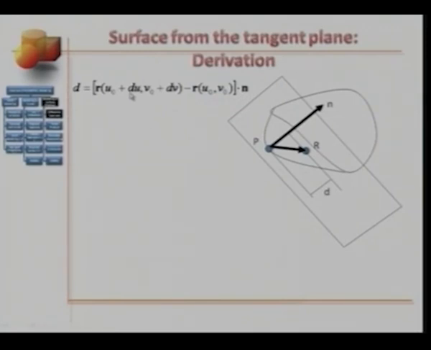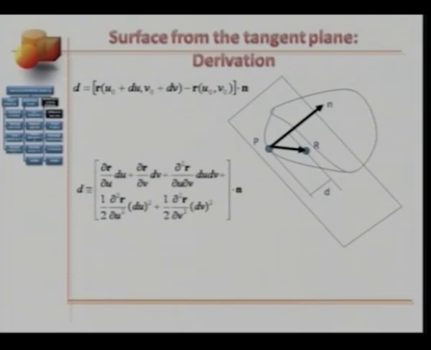Since du and dv are small, we can use Taylor series expansion. So this projection D can be approximated as partial r over partial u times du plus partial r over partial v times dv plus partial 2r over partial u partial v times du dv.